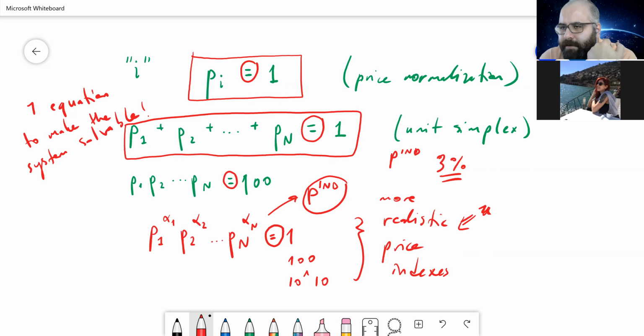So under the price normalization, by choosing one of the commodities as the reference category and equating its price to 1, we can express all the prices relative to this one. So that's the main story that we just did for today. But if you have questions and comments, I can answer them. Otherwise, I will move to the next topic.